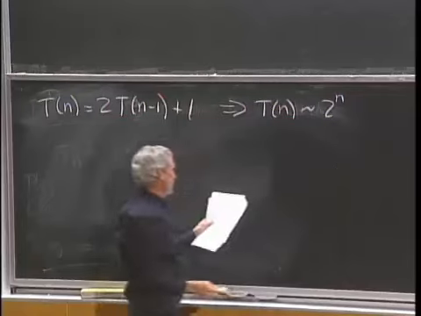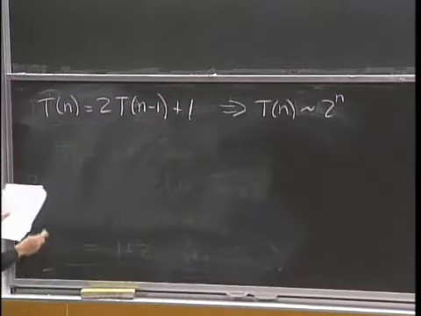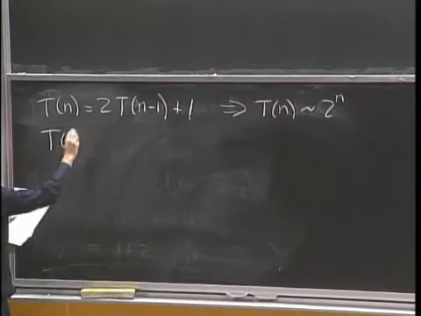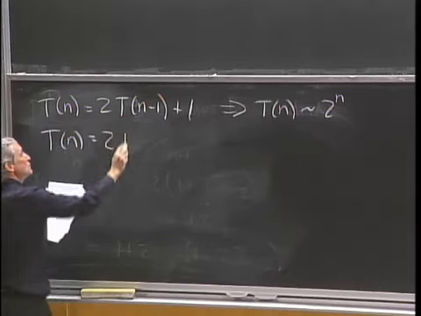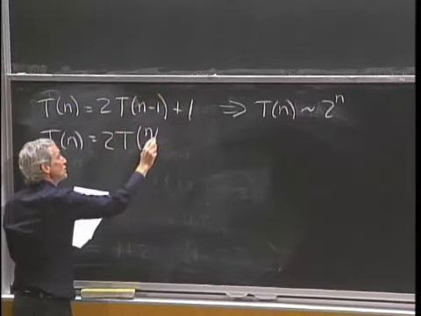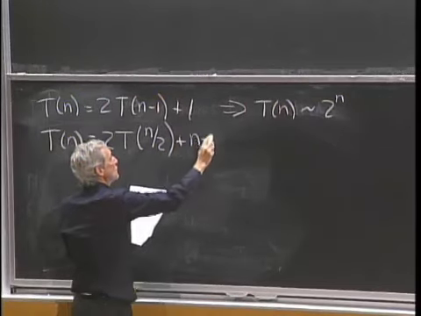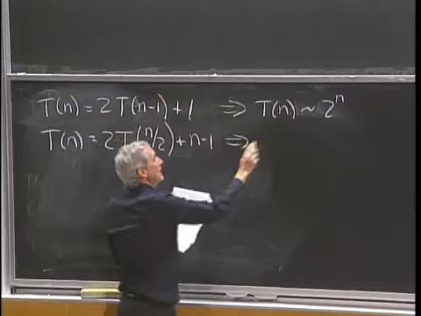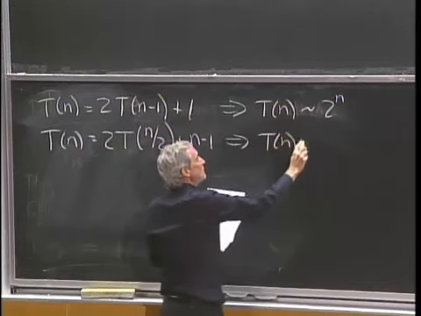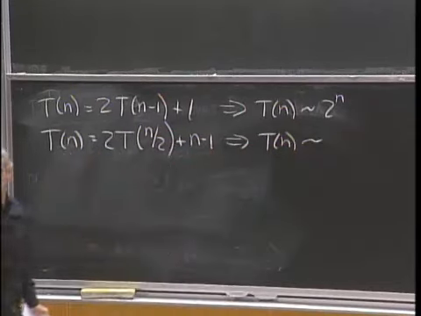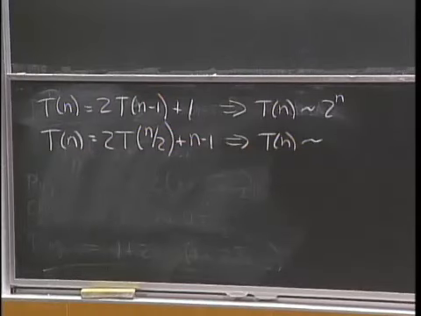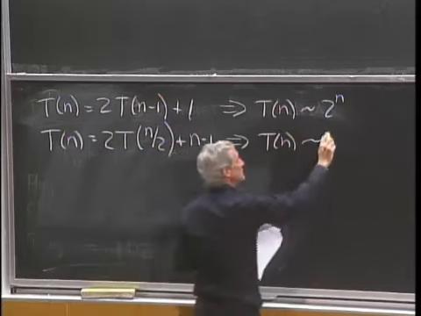It was actually 2 to the n minus 1. Then we did merge sort, which is t of n equals 2t of n over 2, plus n minus 1. And now the answer was t of n. What's the tilde for this one? For merge sort, n log n. Yeah, I can forget the rest if I'm doing the tilde. n log n.